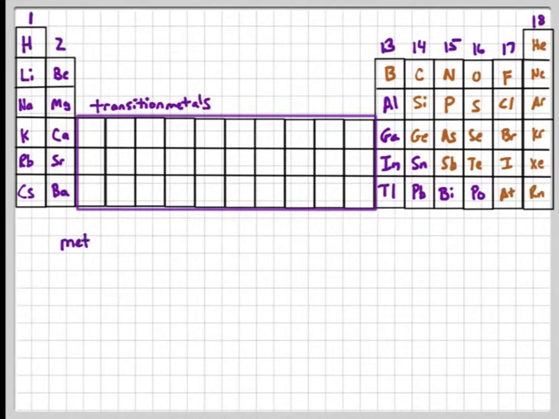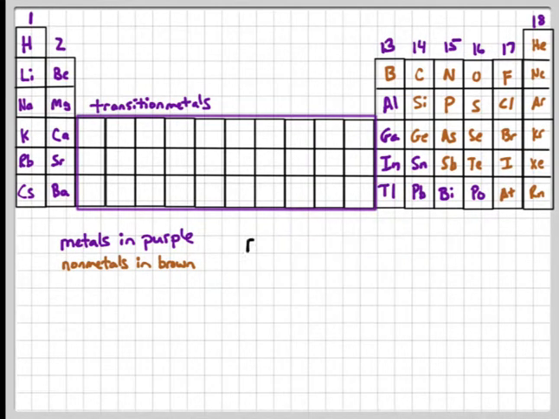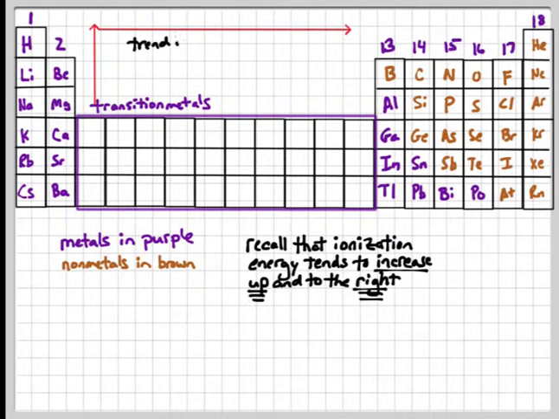Now, just to recap, metals here in purple, nonmetals in brown, and recall that ionization for elements in the periodic table, in other words, the energy to remove an electron from an atom of an element, increases up and to the right. So up and to the right, we have increasing ionization energy.